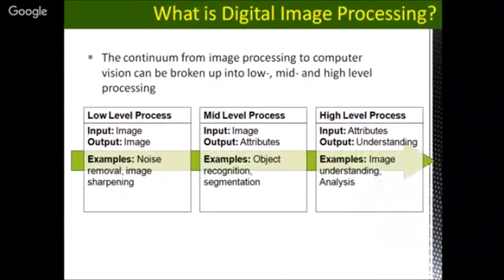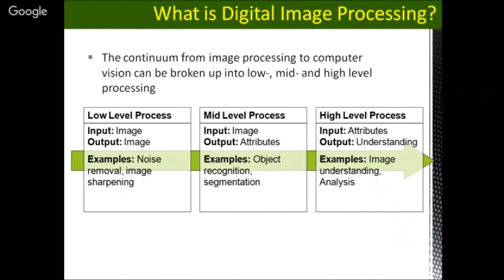Okay, so what is image processing? What are we here for? What are we looking for in general from image processing, and in particular from medical image processing? Typically, we call most processing steps three: low level, middle level, and high level.